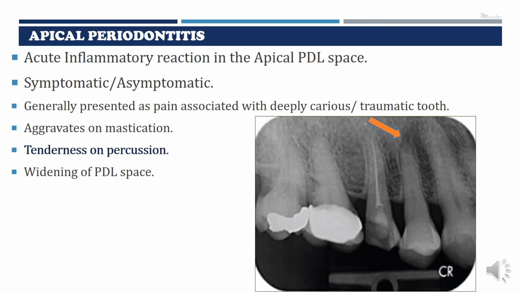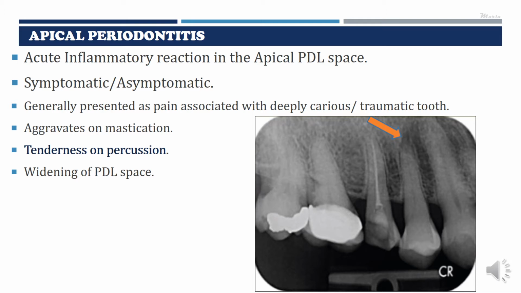The presence of an inflammation in the periodontal ligament space will result in the presence of edema, which upon mastication will result in disturbance of this fluid, which will compress the nerve fibers to result in pain. A classical clinical test which can be employed to determine periapical changes is the test of percussion.